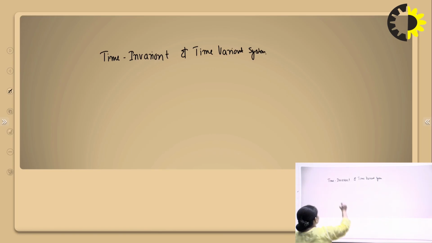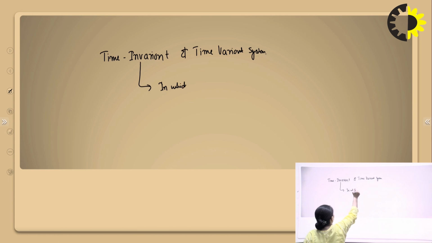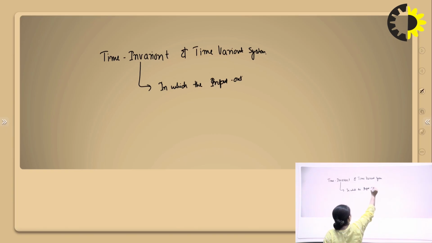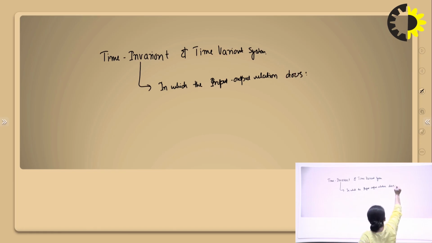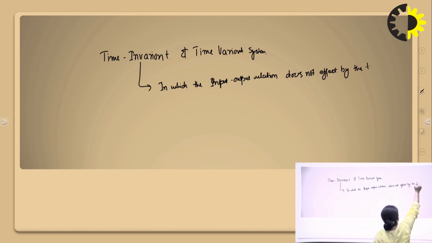Time invariant systems are those systems in which the input-output relation is not affected by the time.